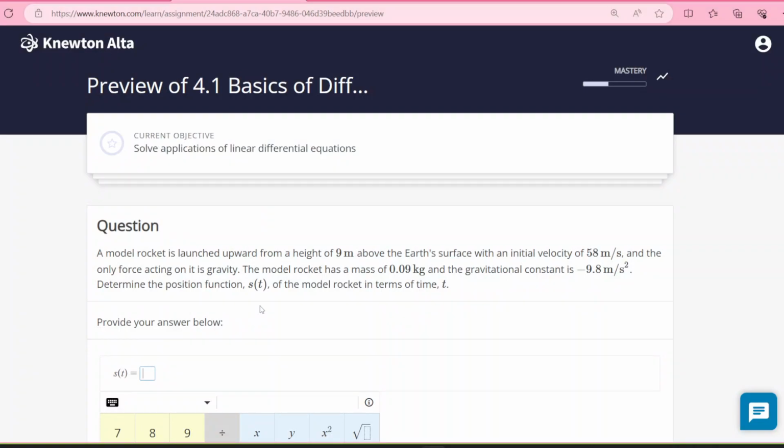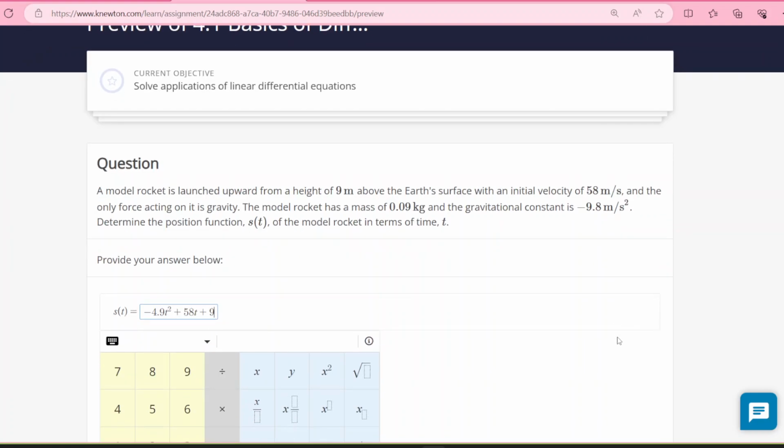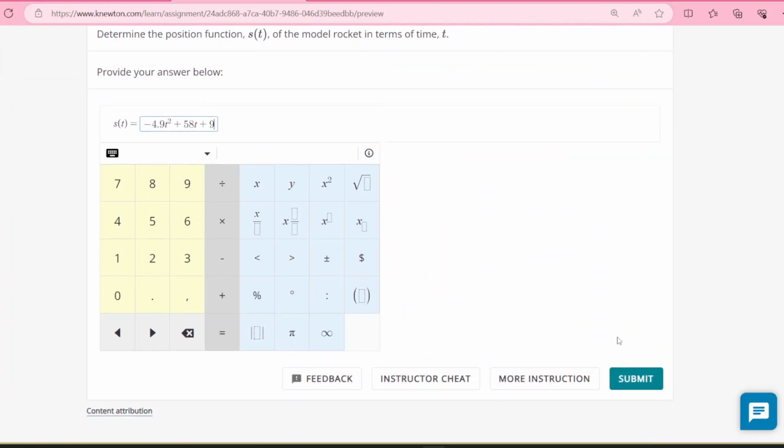So s of t equals negative 4.9t squared plus 58t, then plus 9. That should be good based on the description and all the conditions that were met.